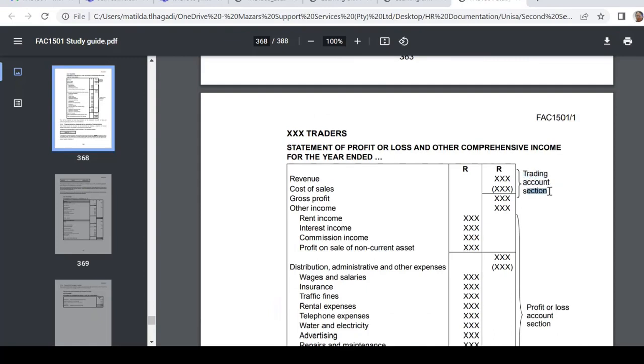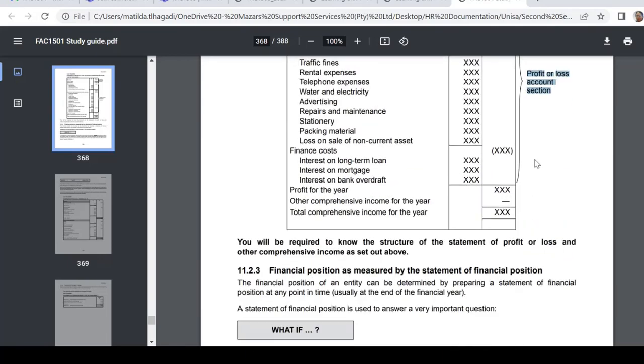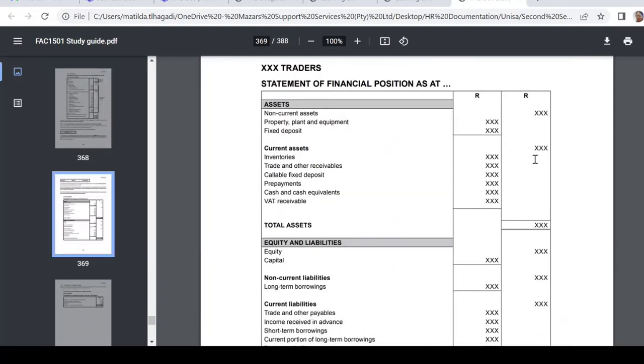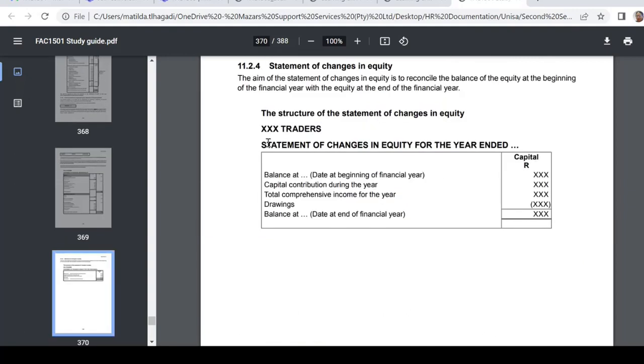Especially when you're doing this, it's so important that revenue and cost of sales will be taken to the trading account. All of this is part of the profit or loss account, which, after calculating, will affect your statement of changes in equity: balance at the beginning of the financial year, the capital contributed, total contribution for the year, less drawings, and then balance at the end.